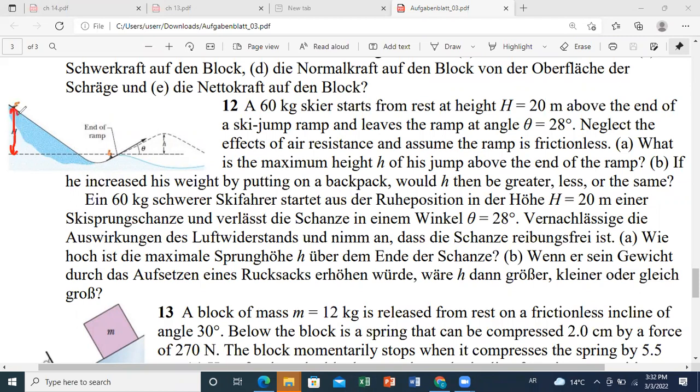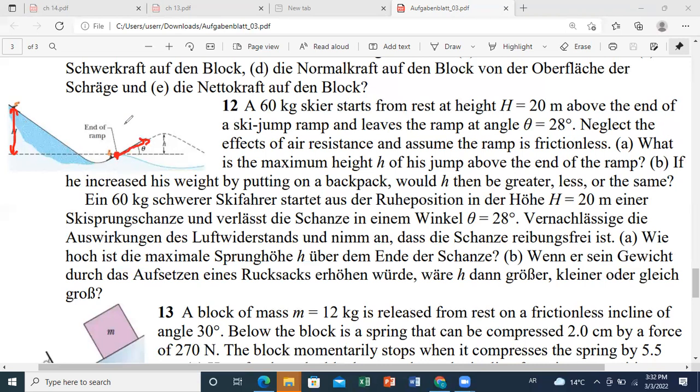In this problem, we are combining several chapters. First, you have the conservation of mechanical energy, and then you have the projectile. Why do you need conservation of mechanical energy? Because you need to know the initial velocity of the skier when the projectile motion will start.